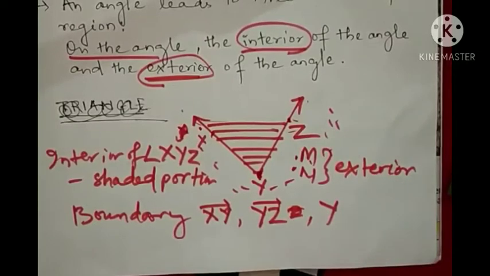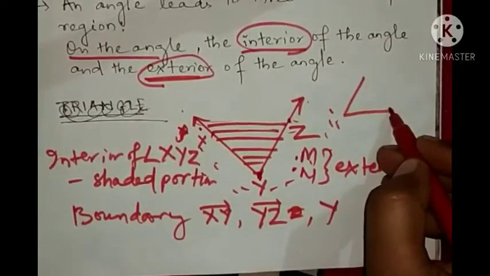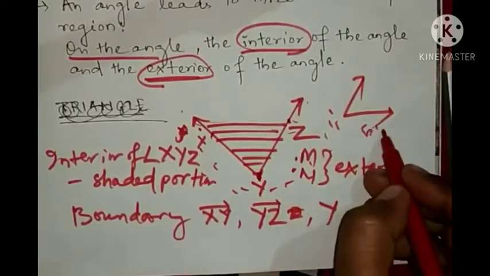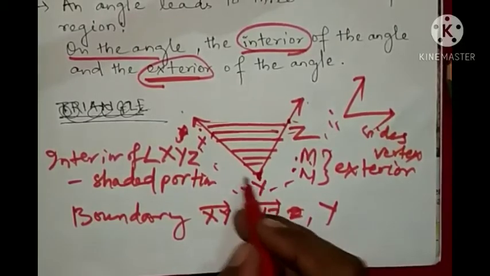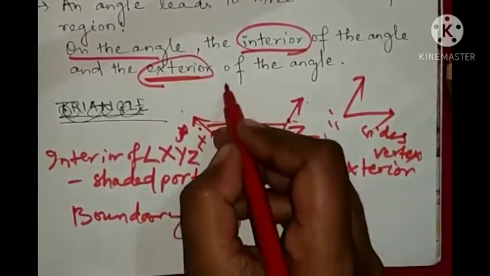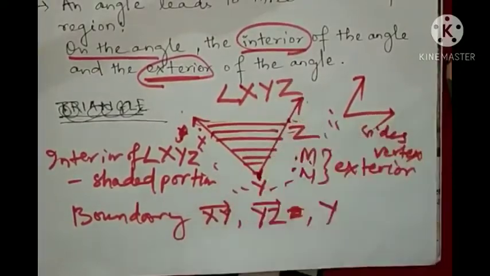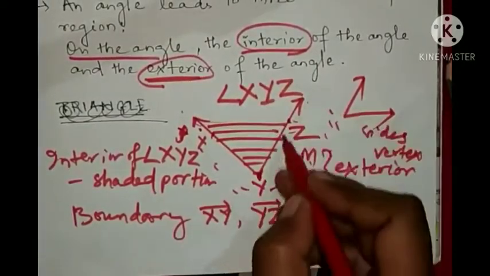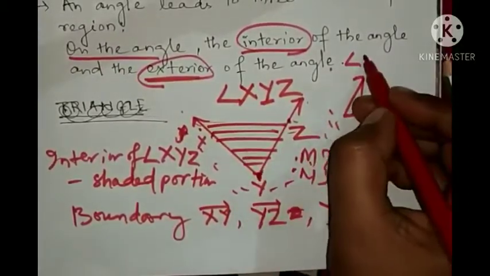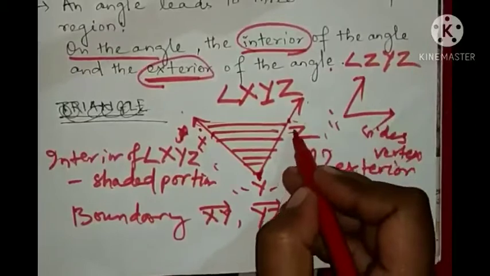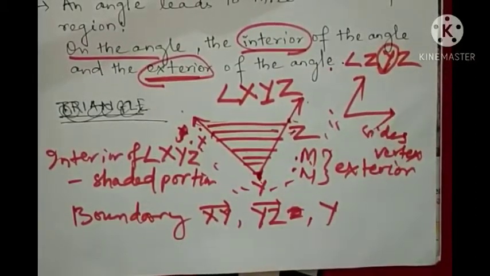You can make different angles and find which are the sides and the vertex. Always the vertex is the middle letter when writing the angle name XYZ. You can also write ZYX. Always the vertex will be in the middle.